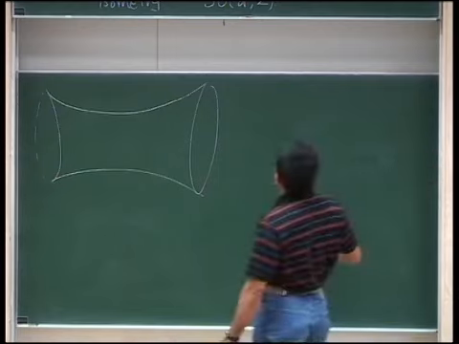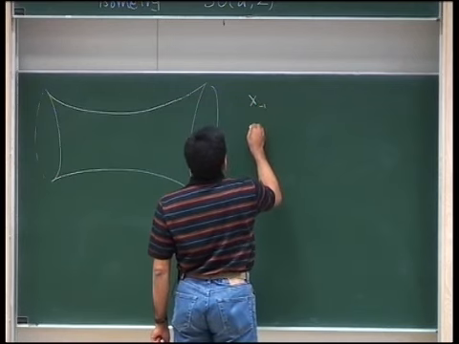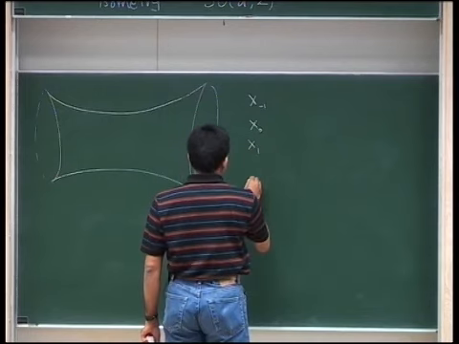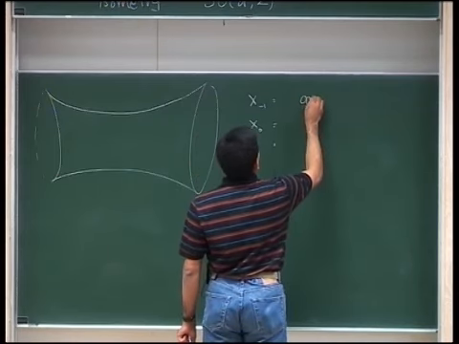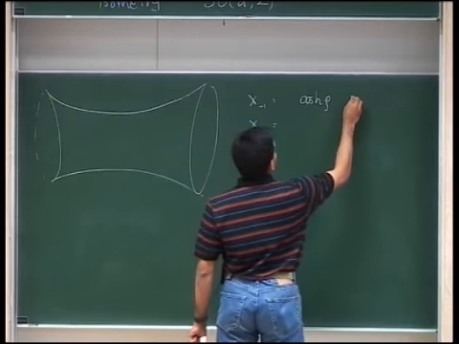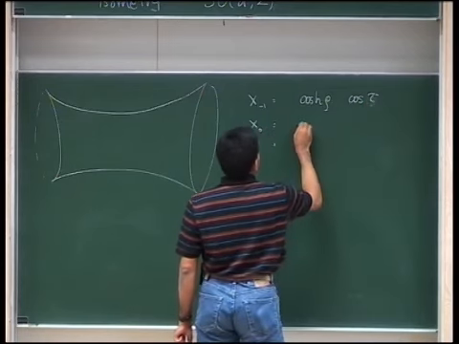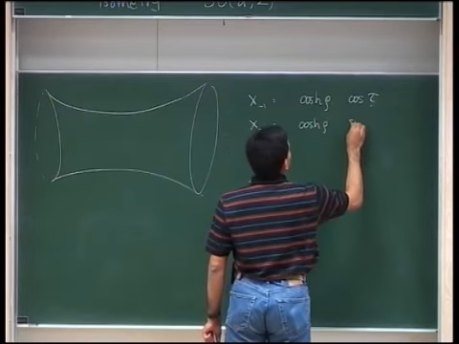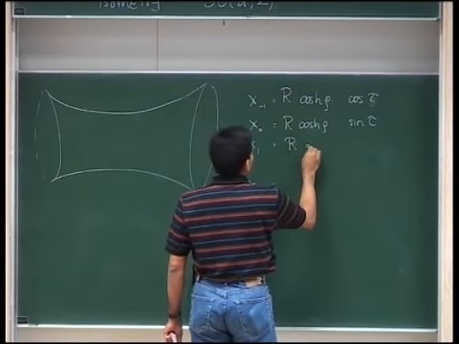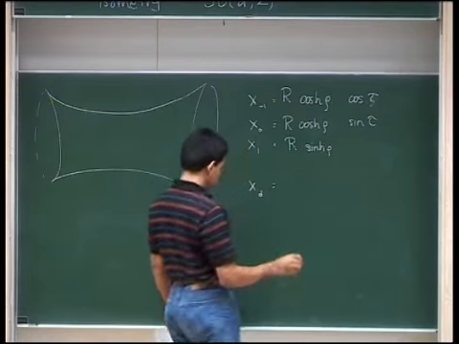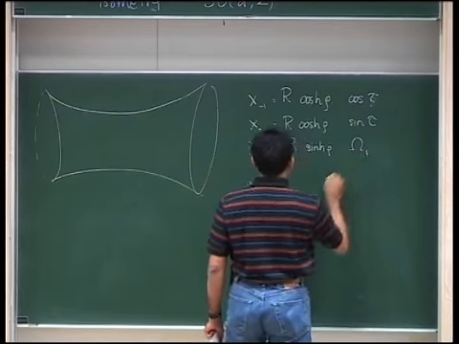Okay, the simplest way to solve this is to exploit standard trigonometric relations and introduce coordinates rho, tau and what I will just schematically call omega as follows.